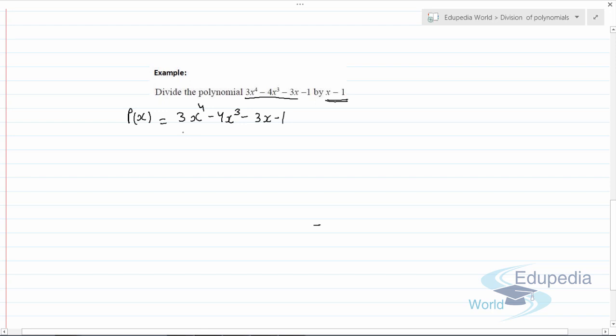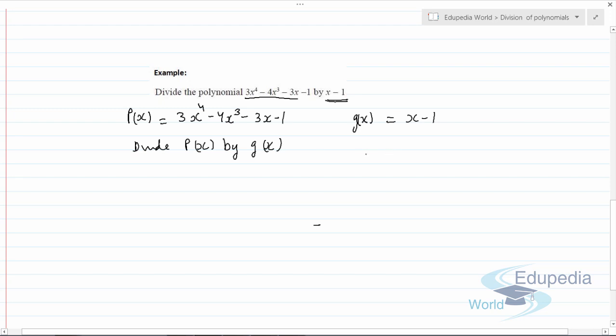Make sure that first the polynomial is written in standard form. So it's written in standard form, no problem. Then we'll write g of x as x minus 1. So we have to divide p of x by g of x.